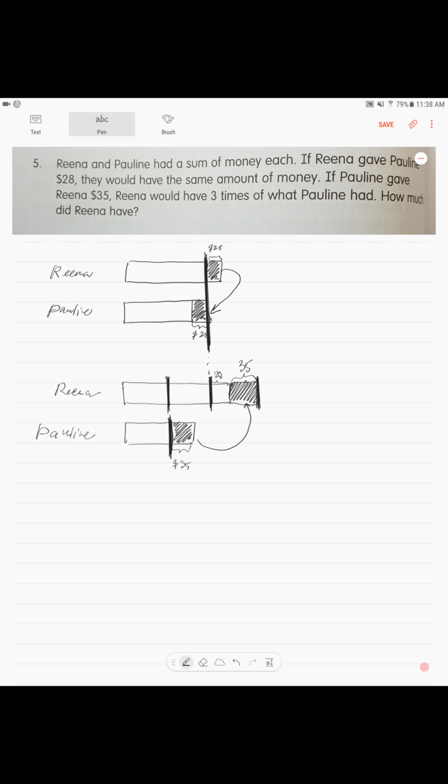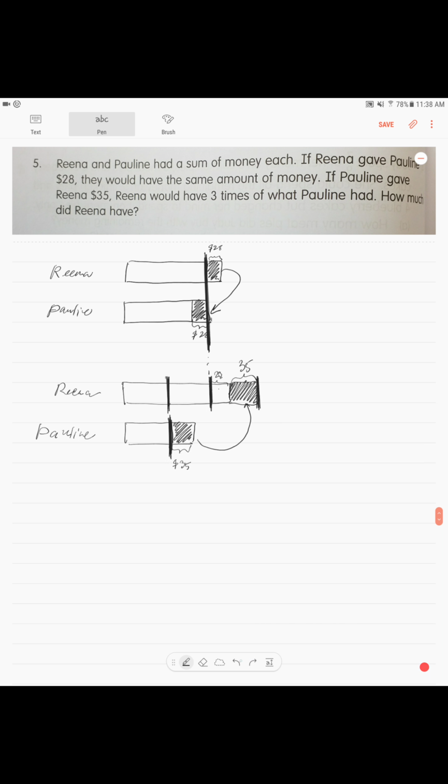So you can clearly see that from this model, we know that this piece here is 28, right? And we know this money were transferred from Pauline. They moved here and we got 35.